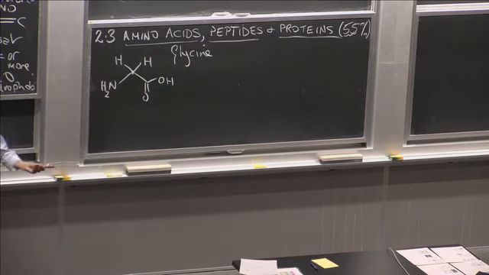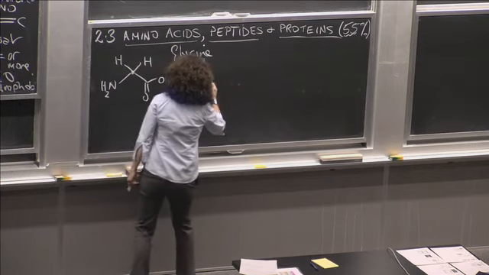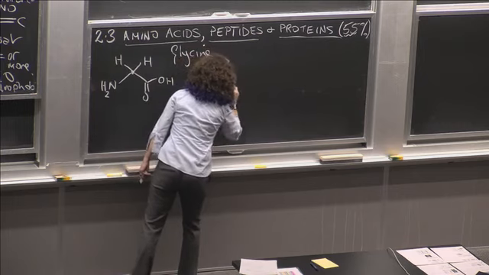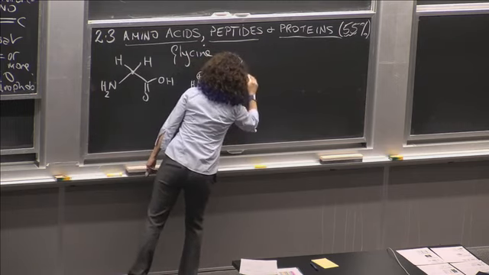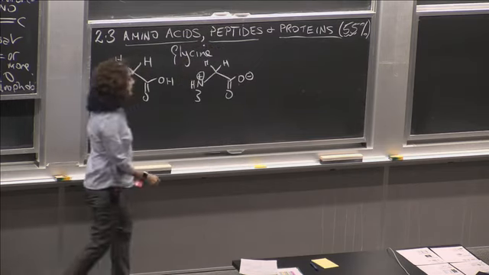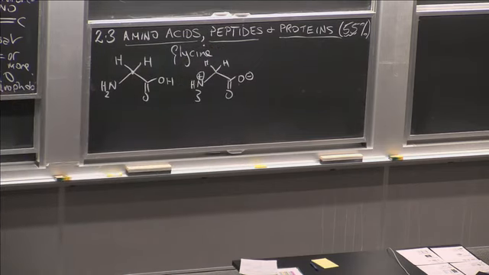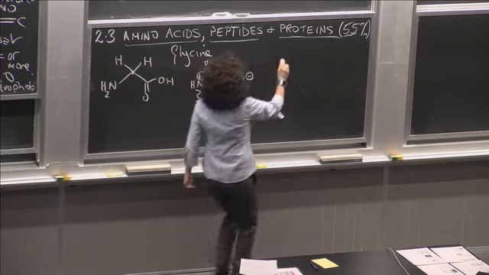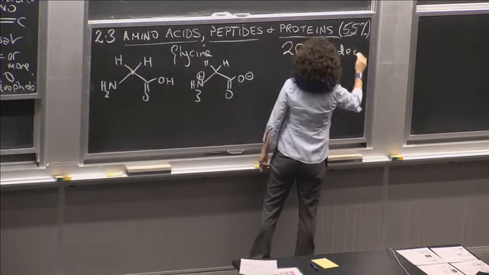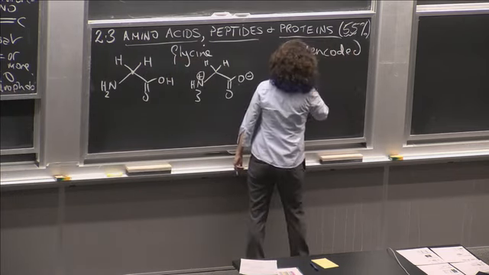Usually when it's just a lonely amino acid in aqueous solution, it's in a different charged form, just consistent with what we talked about in the last class. And I put it in. So this is glycine. It's one of the 20 encoded amino acids.